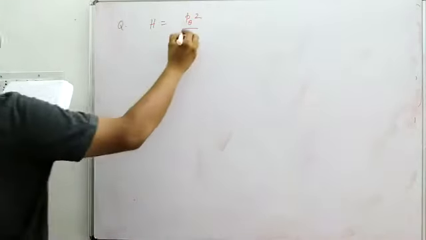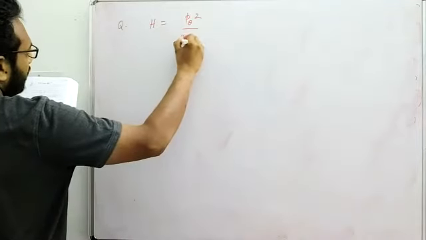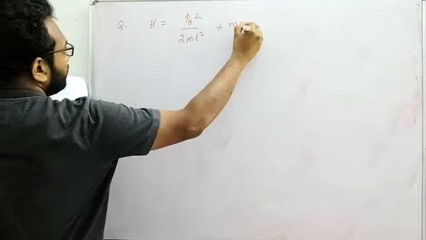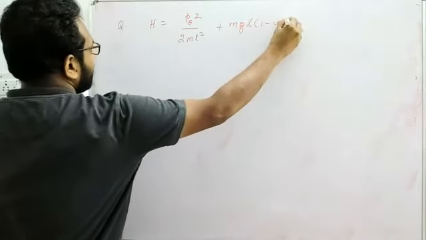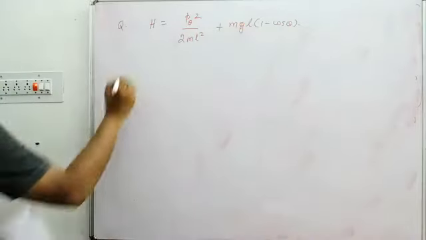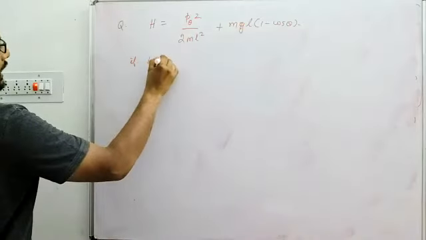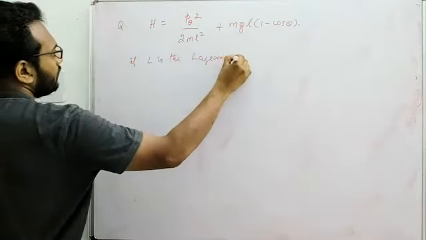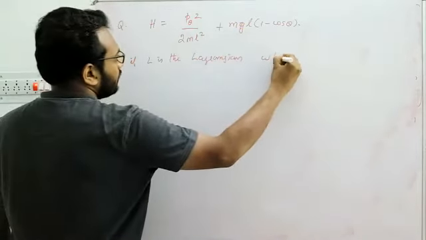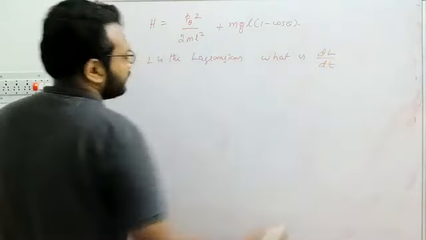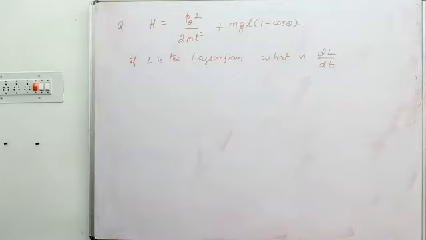H is equal to p theta square divided by 2ml square plus mgl(1 minus cos theta). We have solved this problem in a different way. The question is this: if L is the Lagrangian, what is dL by dt?